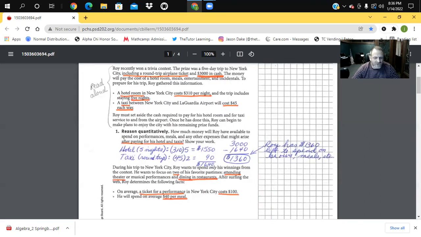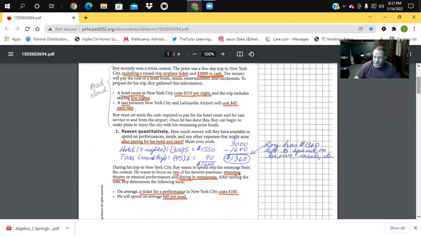To prepare for his trip, Roy gathered his information. Number one, a hotel room in New York costs around $310 per night, and the trip includes staying 5 nights. Number two, a taxi between New York City and LaGuardia Airport will cost $45 each way.